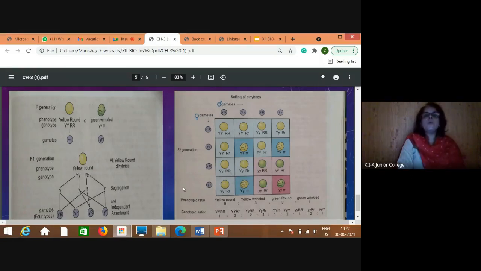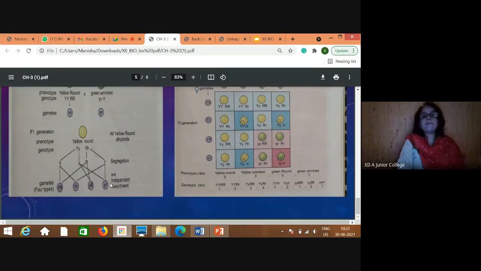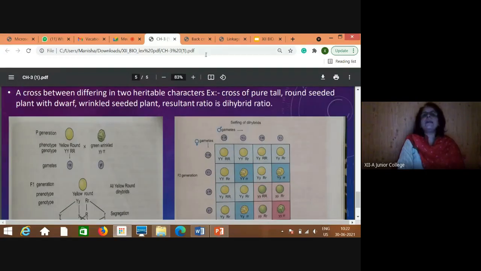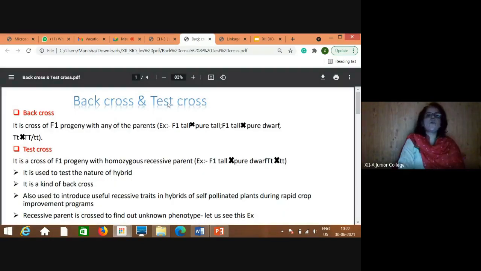Now we'll come to the next part of this chapter, called back cross and test cross. What is the meaning of back cross and test cross? I'll tell you. In the previous experiments, whether monohybrid cross or dihybrid cross, for our convenience we will take the example of monohybrid cross only.